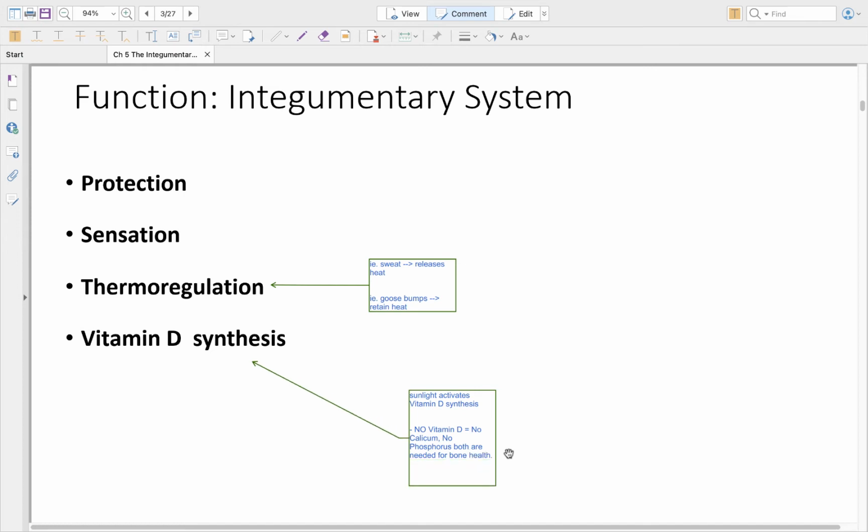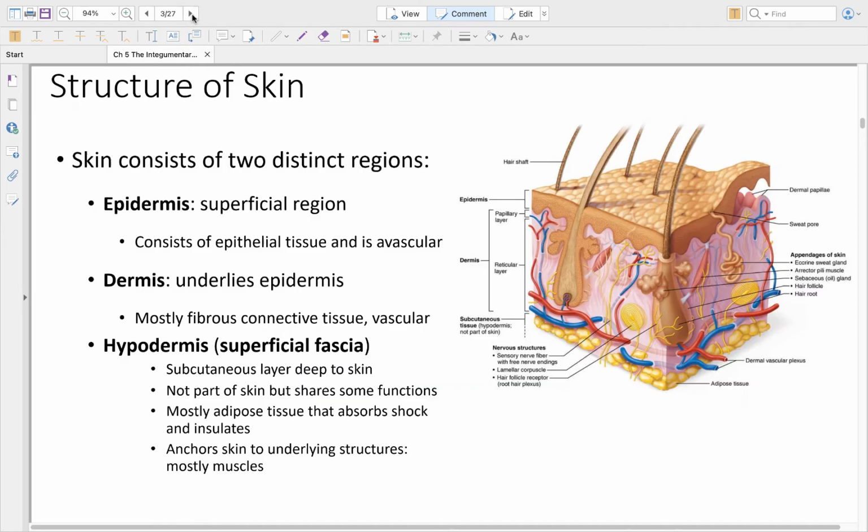If a body lacks these, they could end up with a disease called rickets, which is weak bones. And usually the people with rickets are bow-legged. All right, let's go on.